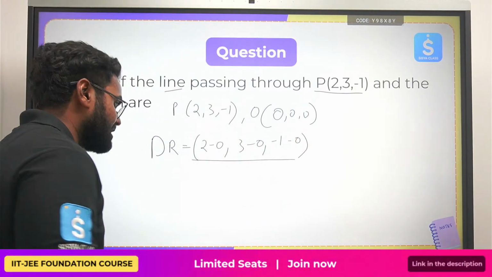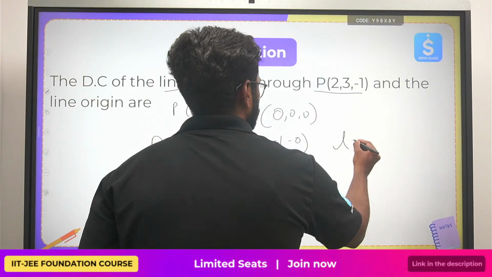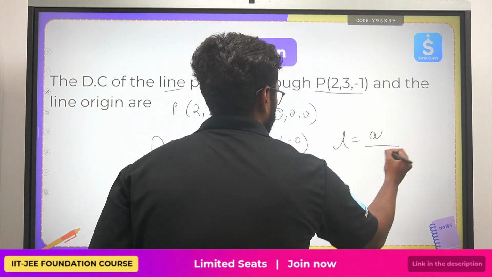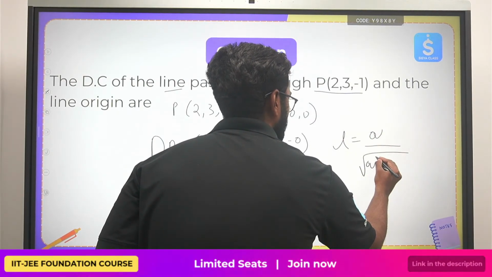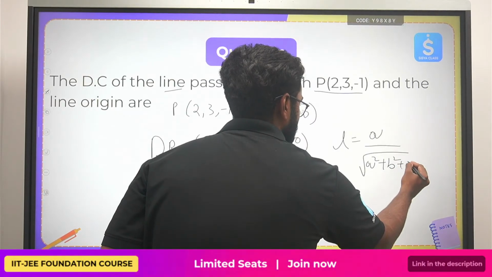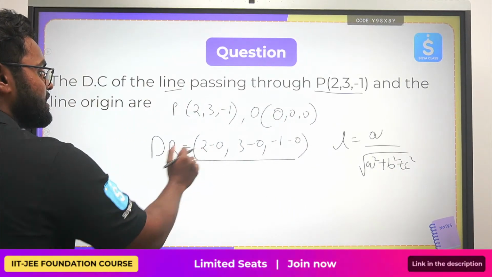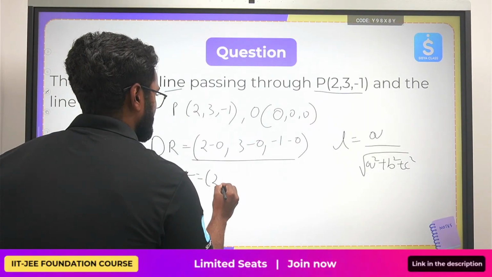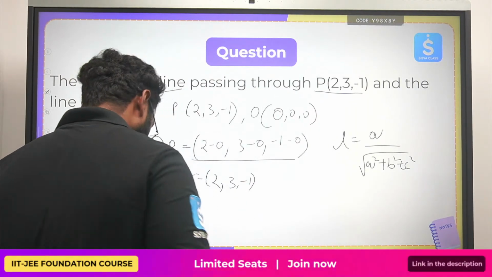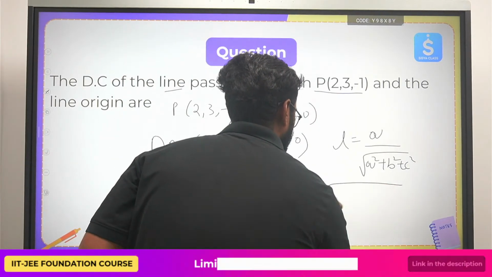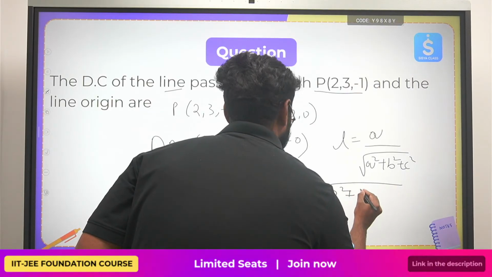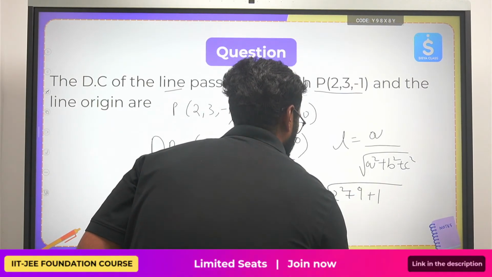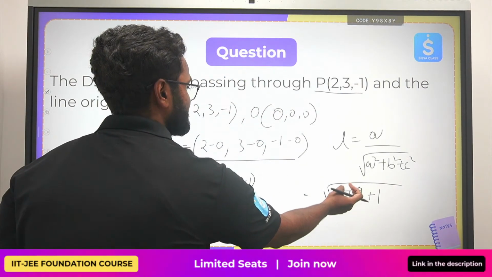We have studied earlier that the direction cosine l is equal to a divided by the square root of a square plus b square plus c square. So let us find the magnitude of this. The direction ratios are 2, 3, -1. That gives 2 square plus 9 plus 1, which is 4 plus 9 plus 1.